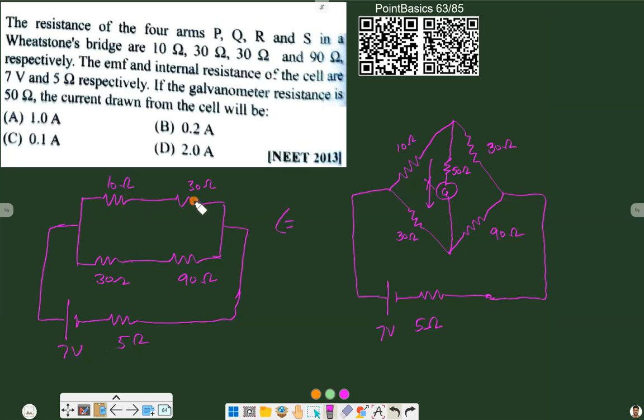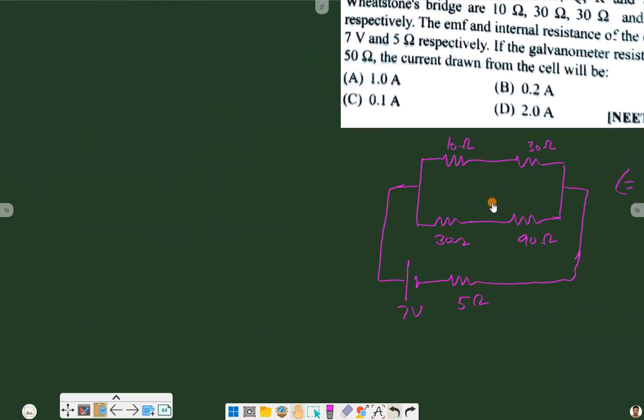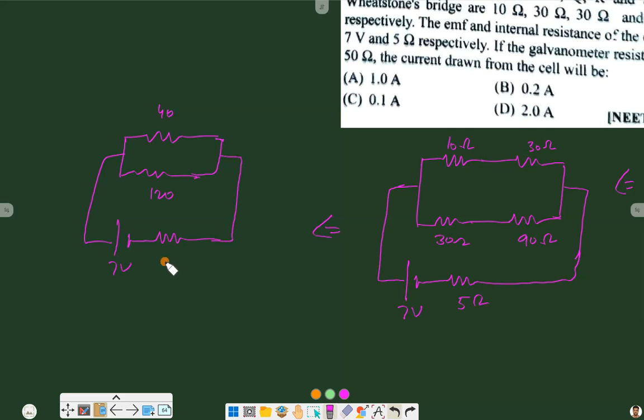Now 10 and 30 are in series, and 30 and 90 are in series, so we can find their series combination. The circuit will reduce to 10 plus 30, 40, and 30 plus 90, 120, with the battery and its internal resistance as it is, 7 volt and 5 ohm.